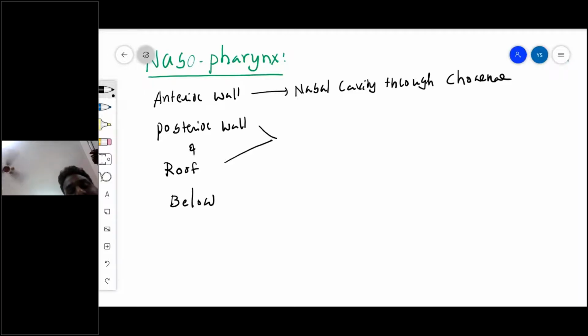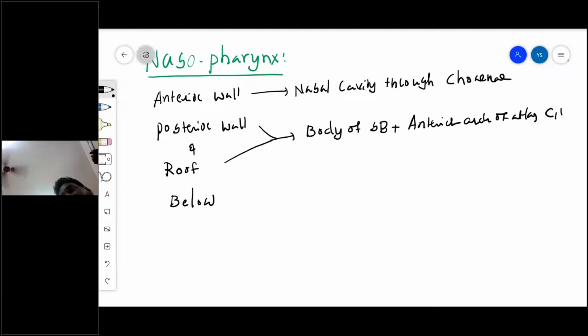And roof and posterior wall forming the sloping surface. Both are formed by body of sphenoid bone plus anterior arch of atlas, C1 vertebra.